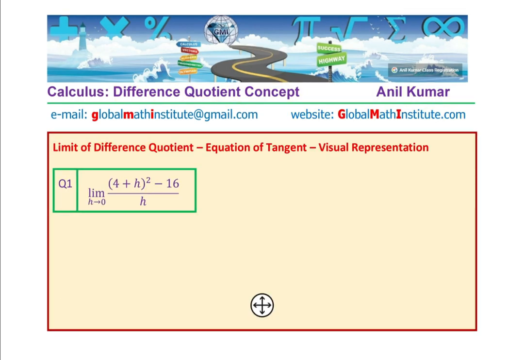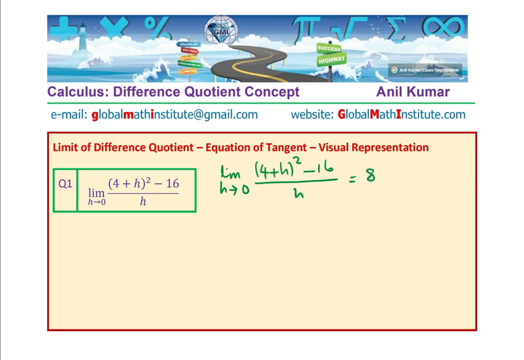We just figured out that this particular limit, let me rewrite here, as h approaches 0 of (4 plus h) whole squared minus 16 over h is equal to 8.